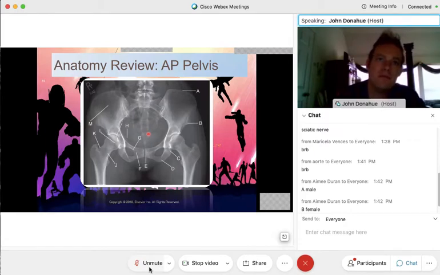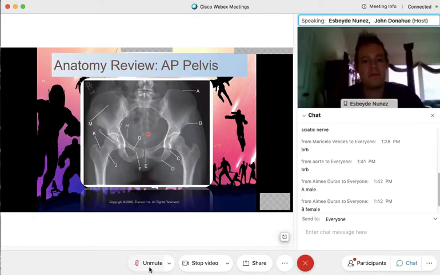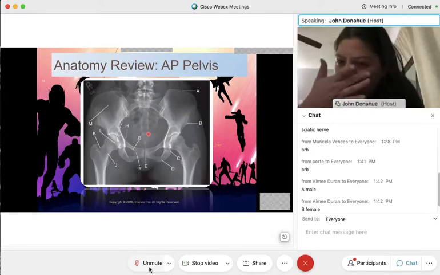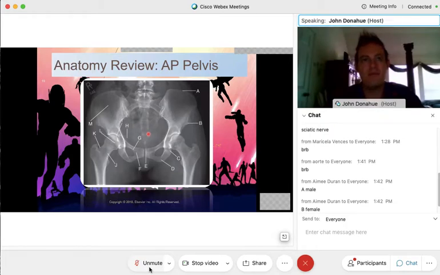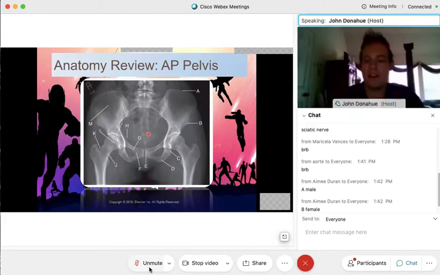Female. How do you know it's a female pelvis? It's wide. The angle is wide. And the angle of what's wide? The pubic symphysis is wide, and then the brim of the pelvis is oval compared to the circle, I guess. Very good.